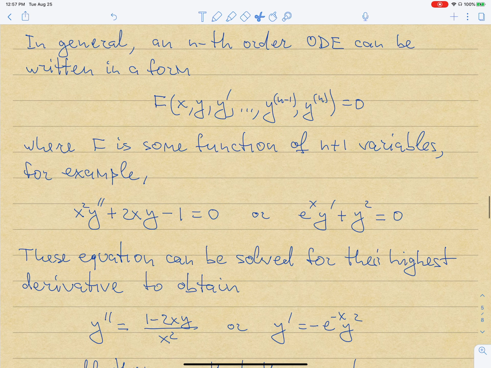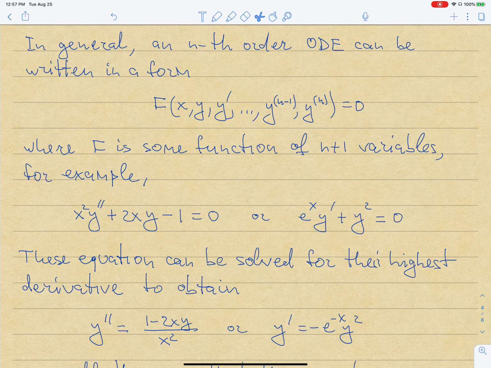All right, so let's return to theory for a moment. In general, if we are looking at the nth order ODE, it's nothing but some sort of a function which involves x, y, and all derivatives of y up to n.